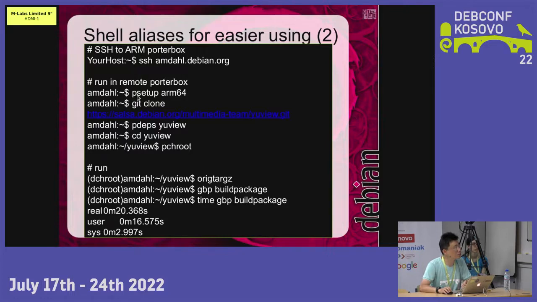I use psetup arm64, git clone a repository to download all the source code, install the dependency packages, change directory to it, use the porterbox chroot to go inside, then get the source tarball, then run gbp buildpackage to build the package.